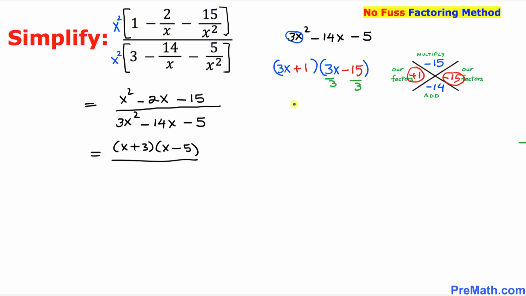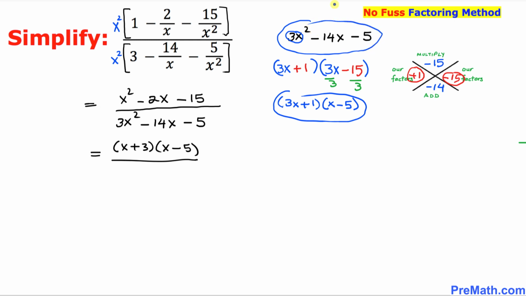So we ended up with first 3x plus 1 times, when we divide by 3, that becomes 1x minus 5. We can see in the second parentheses, we no longer have anything in common. So these are the factors of this given expression, and this method is called no fuss factoring.